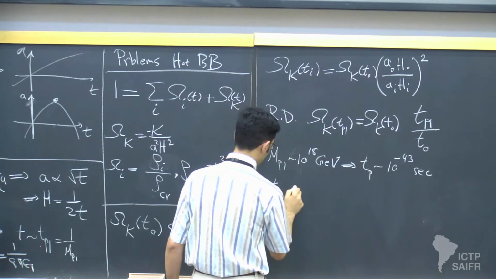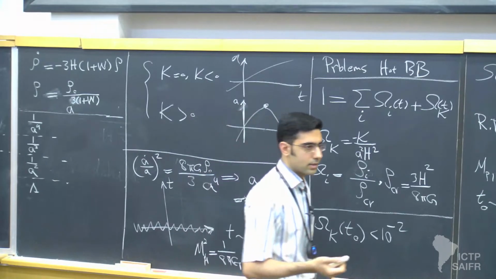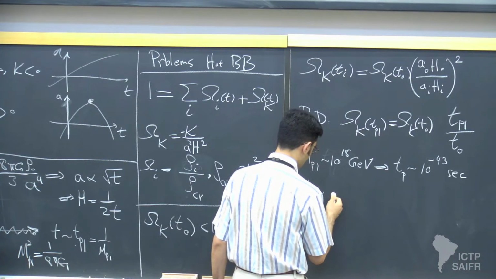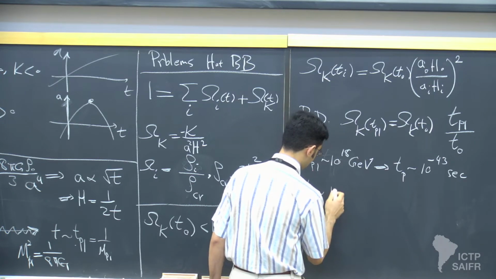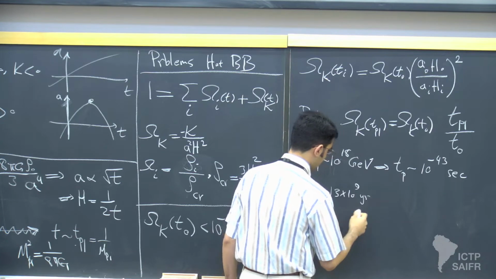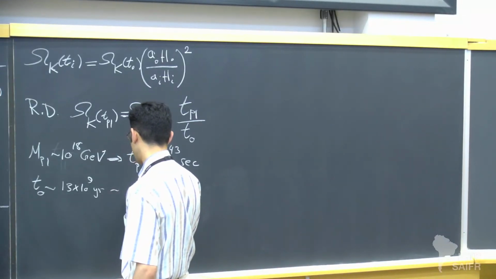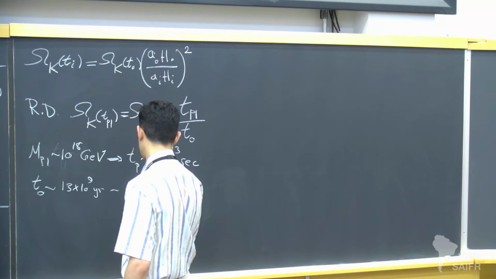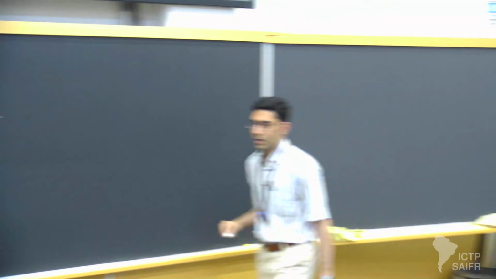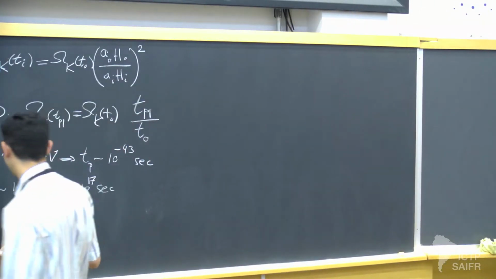And t_0 is about 13 billion years, so 13 times 10 to the 9 years, and this is of order 10 to the 17 seconds.